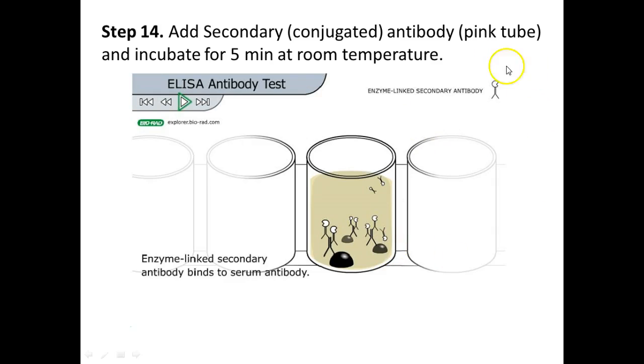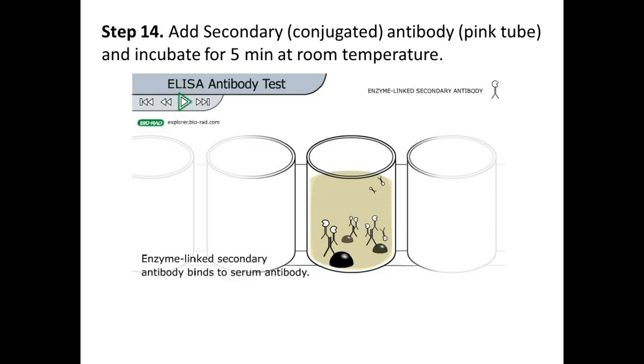And so notice the little Pac-Man antibodies. What are they actually binding to? And this is probably the best one to see right here. They're not binding to the antigen, are they? This is the antigen. There's the primary antibody. There's a secondary antibody. They're binding to the primary antibody. Right? This is helping us detect the presence of that primary antibody, because the secondary antibody only binds to antibodies. It does not bind to the antigen.